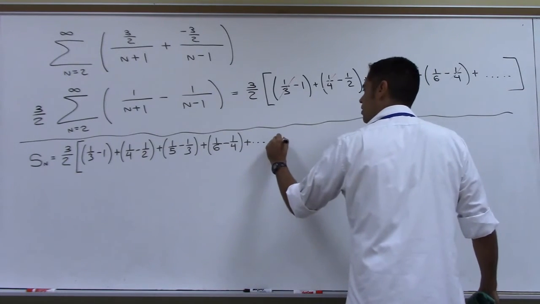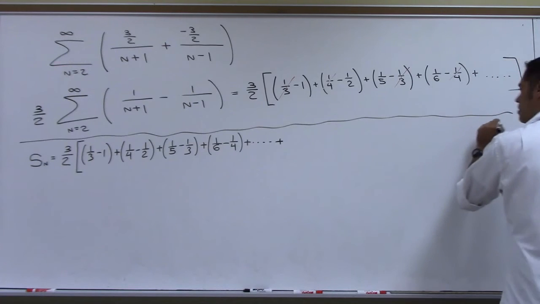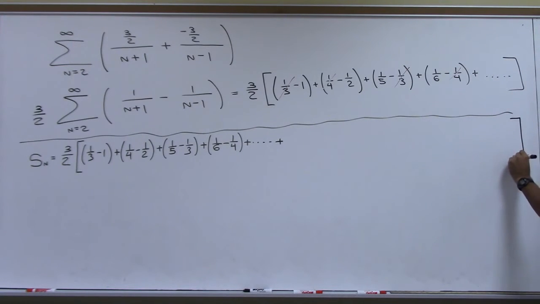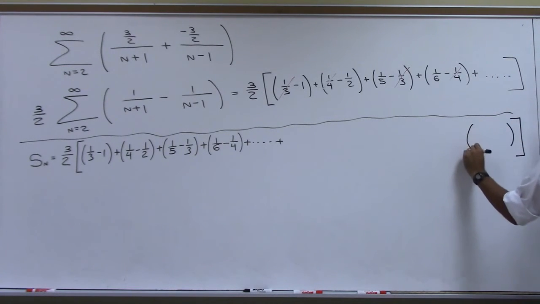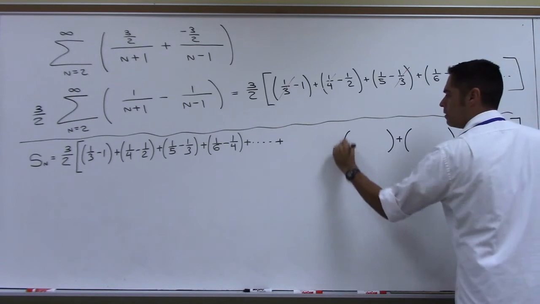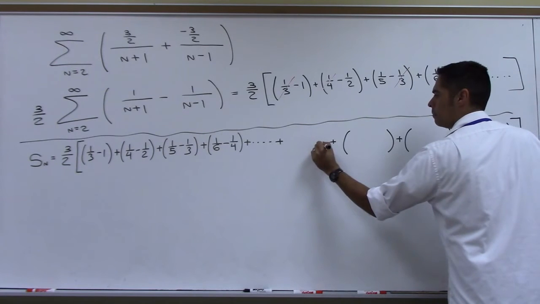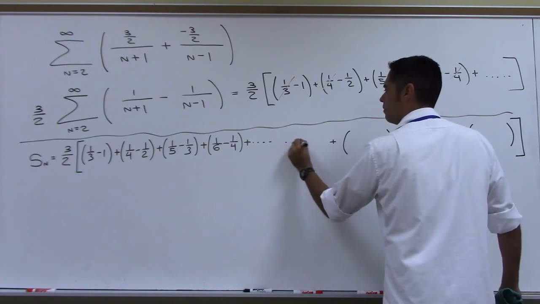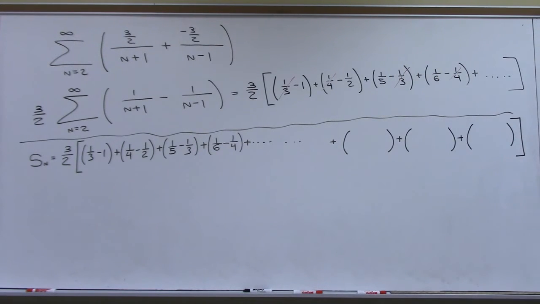And then plus, let's get the tail piece. So I have a bracket down here. I already know I'm going to probably have to have 3 of these to see the pattern. Yeah, it's good enough. What's the last one?